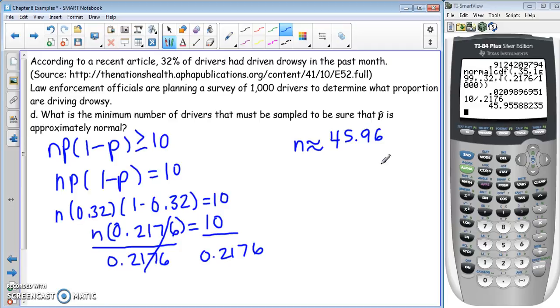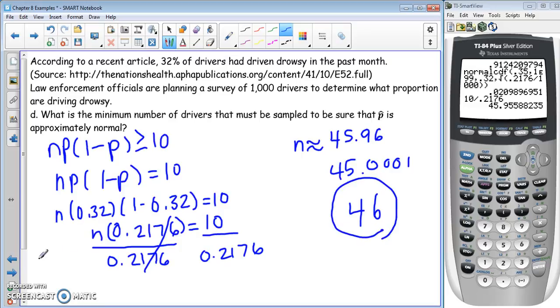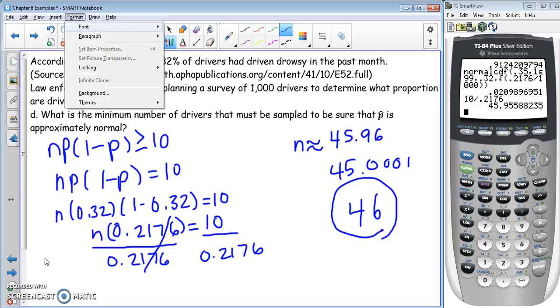And we always round up. In this case, we would round up naturally, but if it were 45.0001, we would still round up to 46. So we need to sample 46 drivers there.